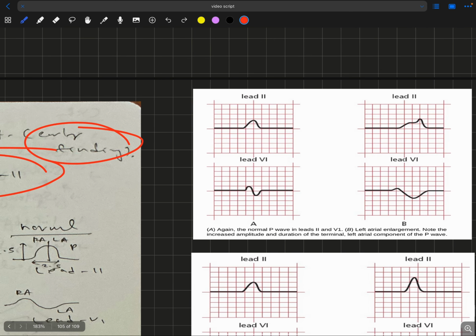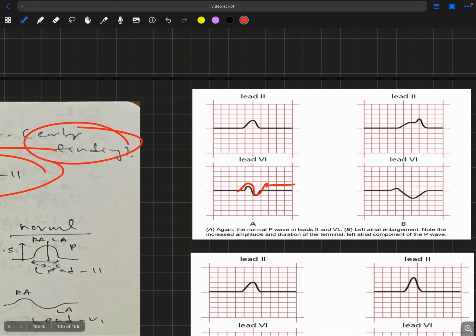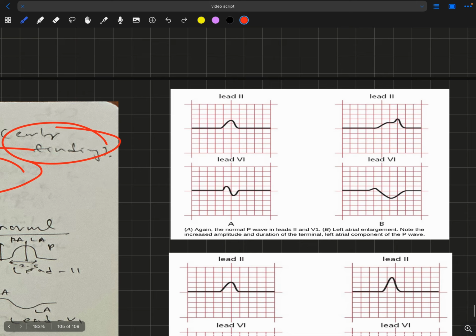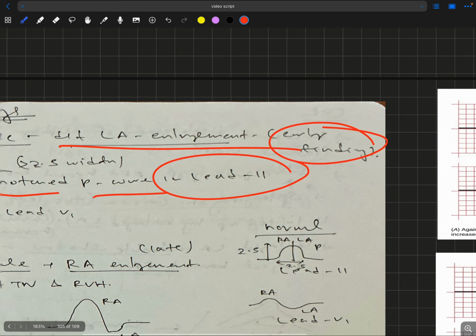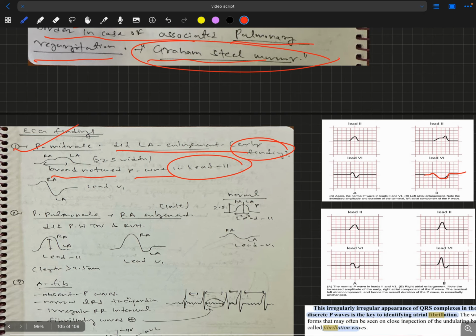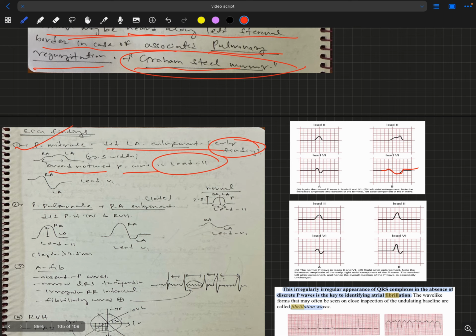In lead V1, normally the P wave is like this, isoelectric. But with development of left atrial hypertrophy, it will be like this. In lead V1, the lower component is due to the left atrium and the upper component is due to the right atrium.